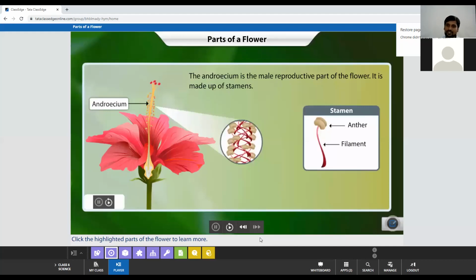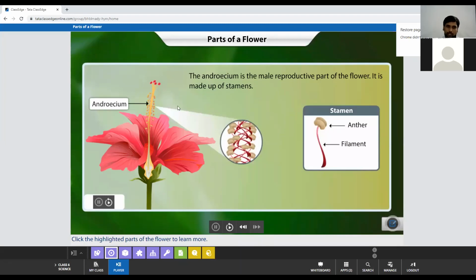The stalk-like structure is called the filament, and the head is called the anther. The pollen grains, which are the male gametes, will be present in the anther region. All the pollen grains will be stored in the anther region. So this is the third whorl of a flower.